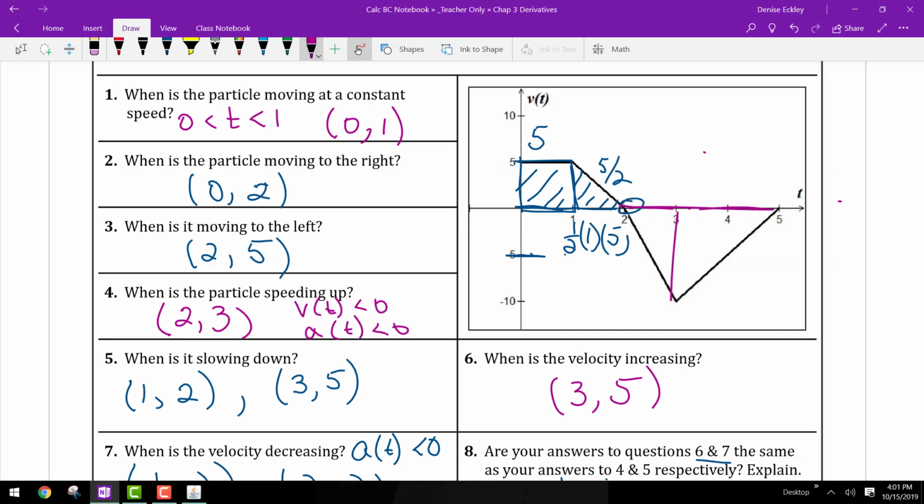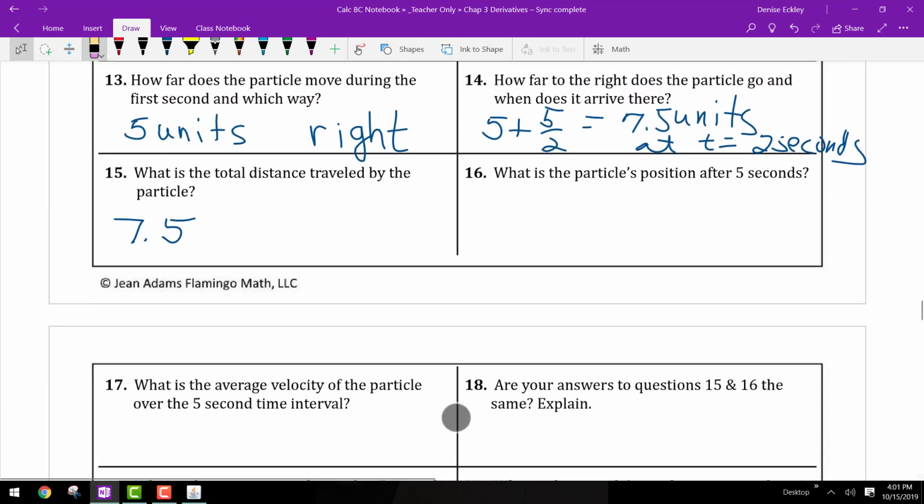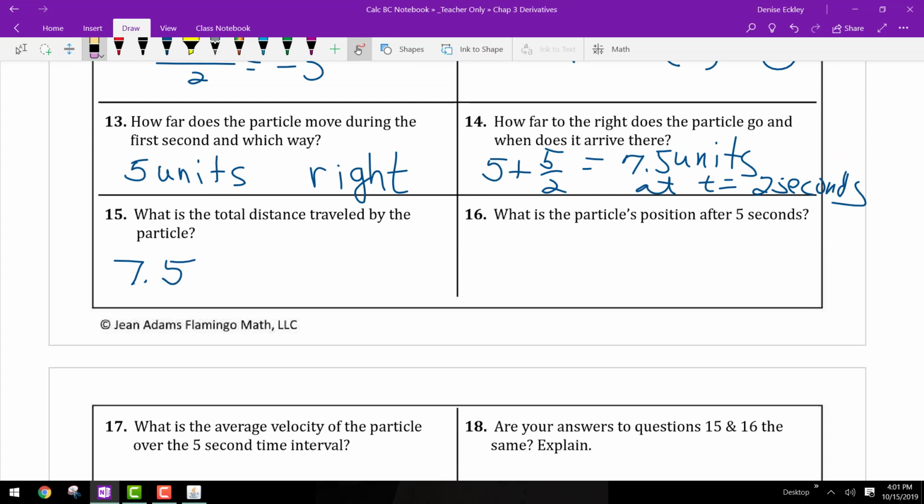So we know it has a height of 10, and it has a width of 3 as a base. So the area is going to be 1/2 times 10 times 3, so we get 15 units. So that's going to be the other part of what we add to what we have, the 7.5 for the right, and then to the left, it is going 15 units for a total of 22.5 units.